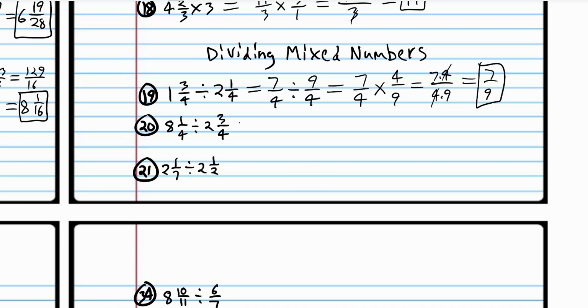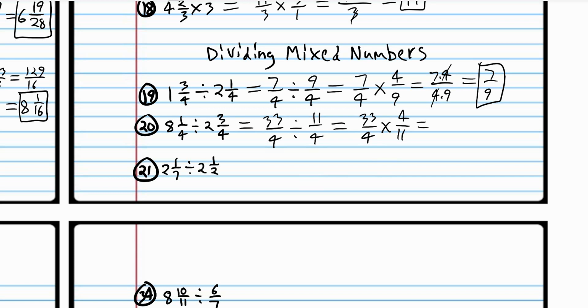All right, number 20, convert to improper fractions. So all I did was convert to improper fractions. All right, so now we just use the same old division algorithm. Keep the dividend, change the division sign to multiplication, and flip the divisor.